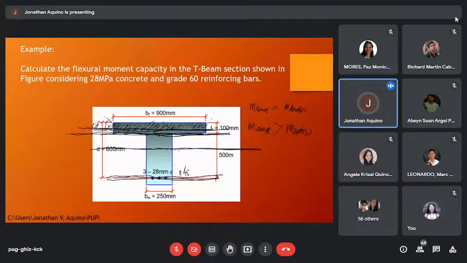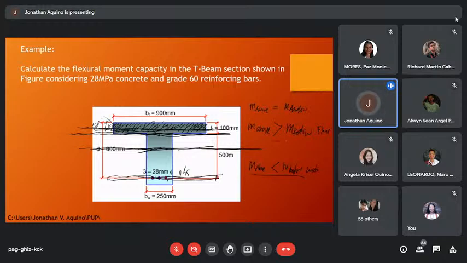But if your moment above is less than your moment below, it means the area of the flange is not enough for the moment below. So the centroid is within the web. This one, the centroid is within the flange. This one, the centroid is within the web.